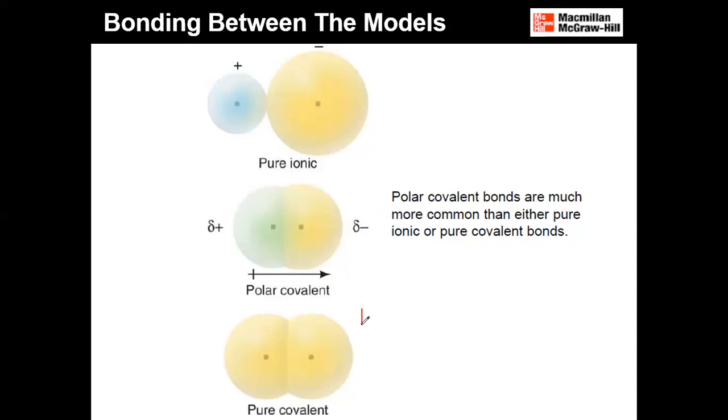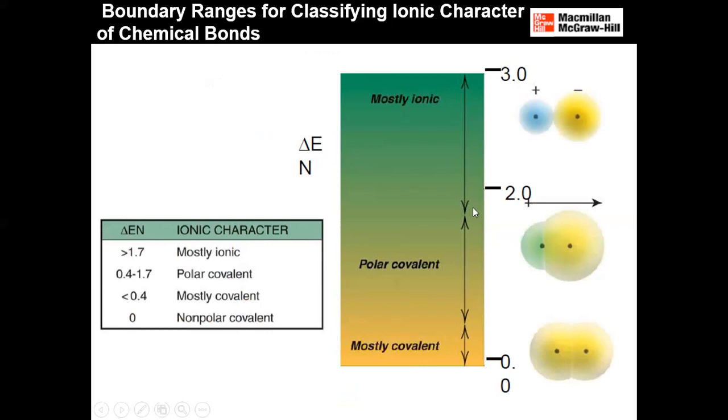For example, N-H. Look here, this one is delta plus, delta minus, so the arrow should be like this. You understand, right? So this is the boundary. You can refer to where it is mostly covalent, polar covalent, and mostly ionic.